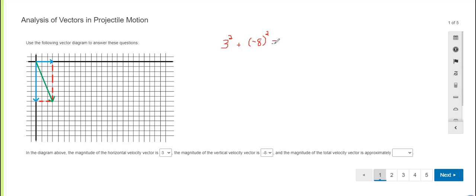That is equal to the square of the total velocity, and I'm going to use t for total. So this is 9 plus 64. 64 plus 9 is 73, so 73 is the square of the total velocity.